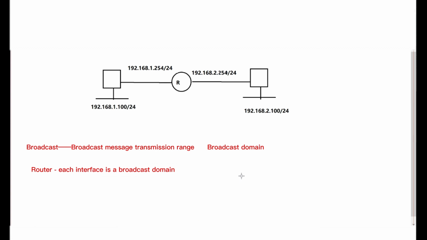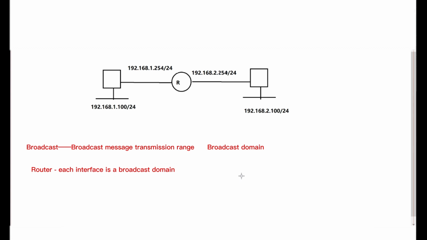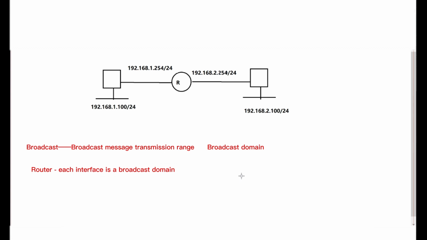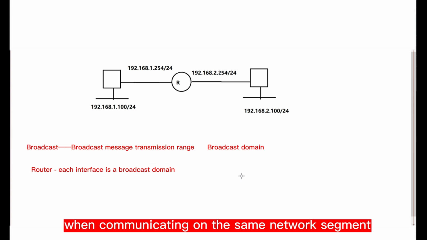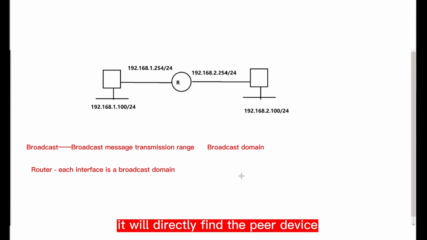That is, when the PC is accessing across network segments, the gateway will give it a unicast reply to the broadcast. For cross-network communication, it directly finds the gateway. When communicating on the same network segment, it will directly find the peer device.